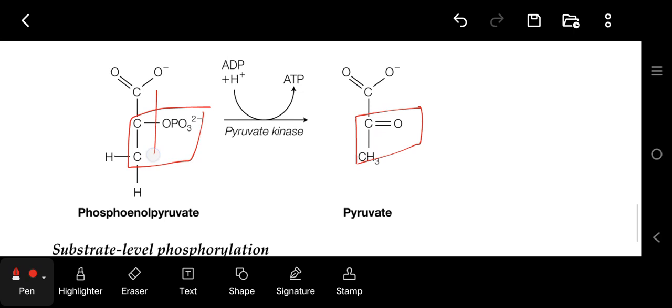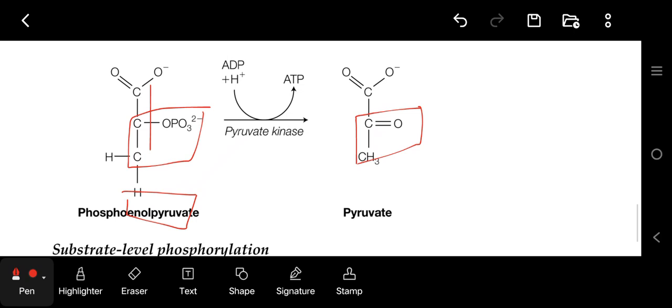When this phosphate group is cleaved, the enolpyruvate undergoes resonance stabilization, and it releases a lot of energy.